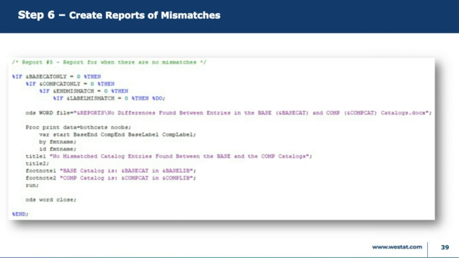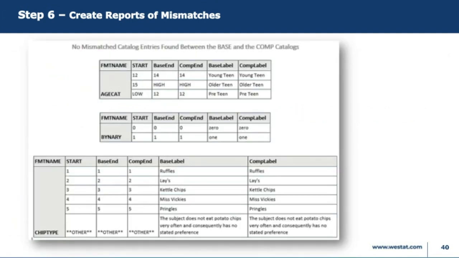And what we're going to do is print out all of the entries for both catalogs. And that's what that report's going to look like. And in that way, it kind of serves as like an audit trail. Not only are we stating that there were no differences, but we're reflecting back what we found in both catalogs.